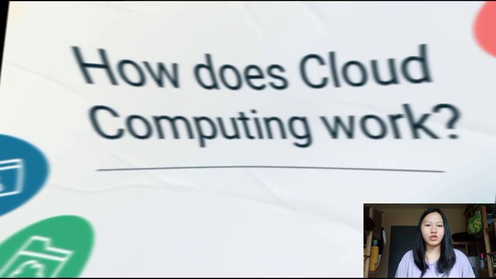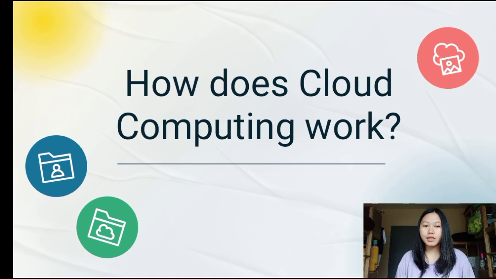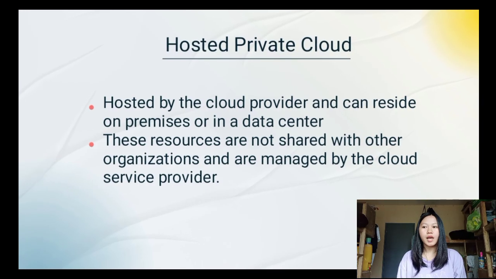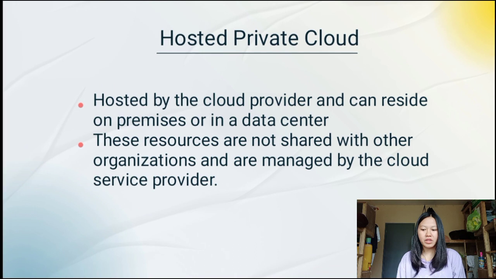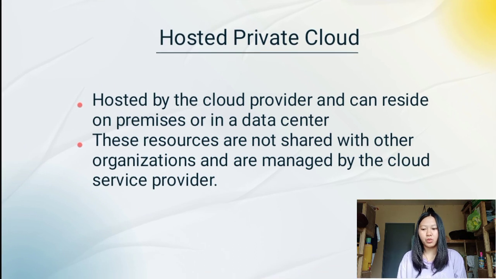So how does cloud computing work? Cloud computing works by having companies host or maintain massive data centers that provide the security, storage capacity, and computing power to support cloud infrastructure. Hosted private cloud is one of the ways cloud computing works.